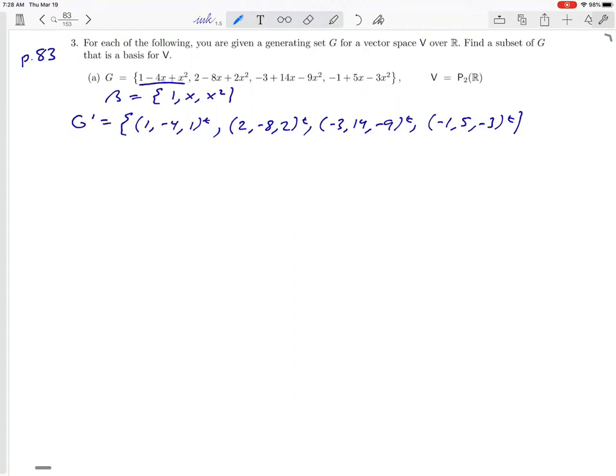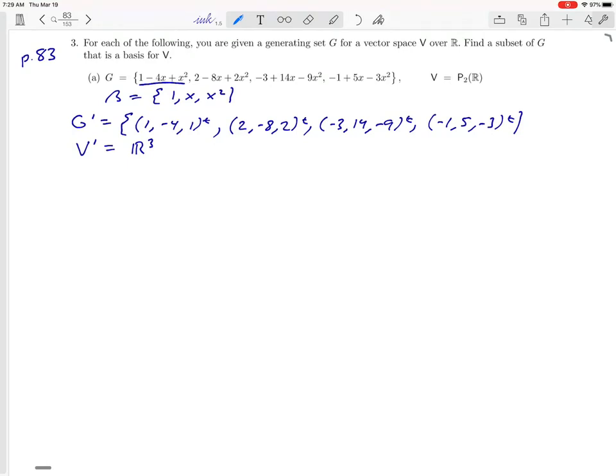So there's G prime as a subset of R3, and so the vector space that corresponds to V, which I'm going to call V prime, would just be R3. That's where these vectors in G prime live.